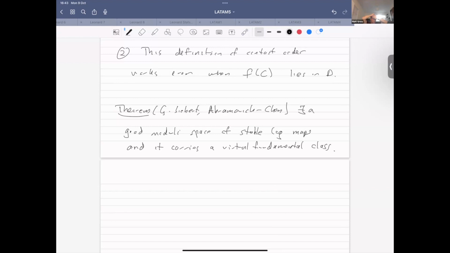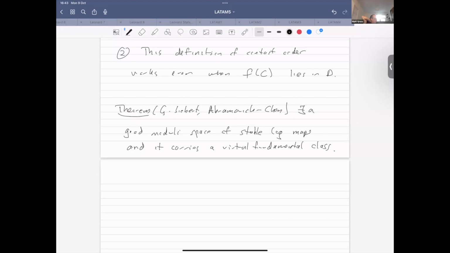I defined in the last lecture the notion of contact order. I just talked about curves having contact orders, where the contact orders were given by elements of these cones of the tropicalization. So this helps with quite a bit of the definition that we needed in the last lecture.